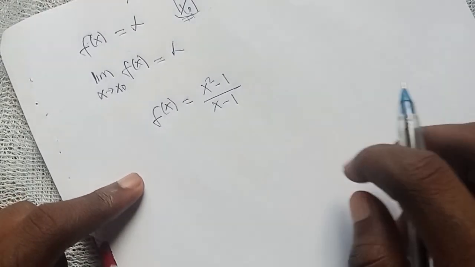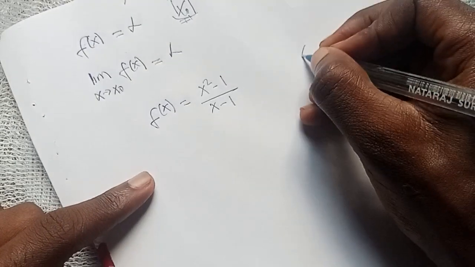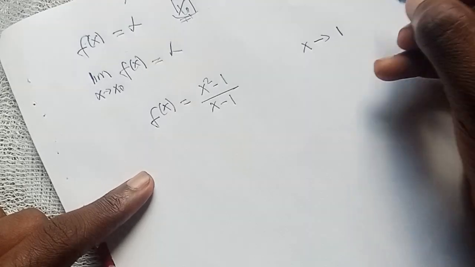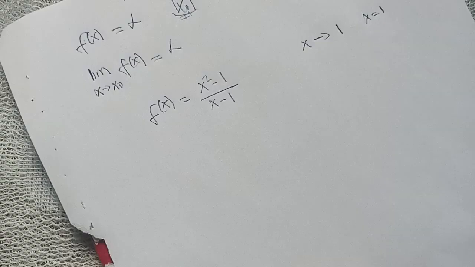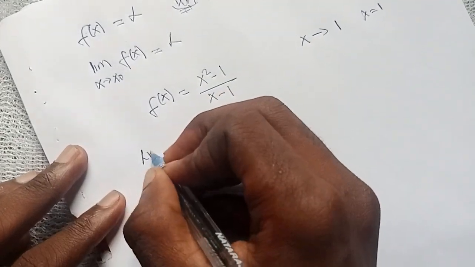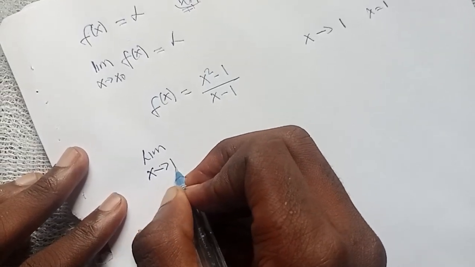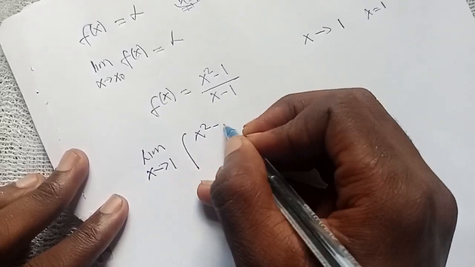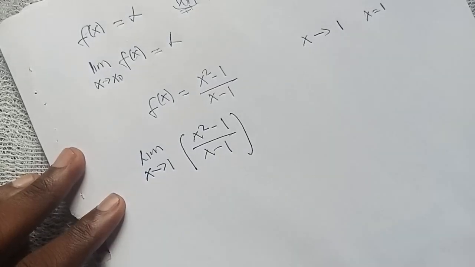Find the limit of this function as x approaches 1. What does this mean? This means that you find the limit, as x approaches 1, of x squared minus 1 over x minus 1.